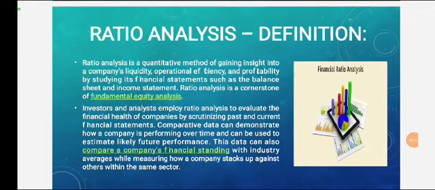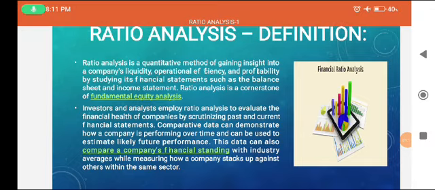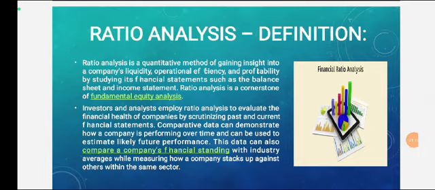But when you compare with another accounting data, it will reveal some information for making judgments. Say for example, A company's capital is 50,000, B company's capital is 1 lakh.